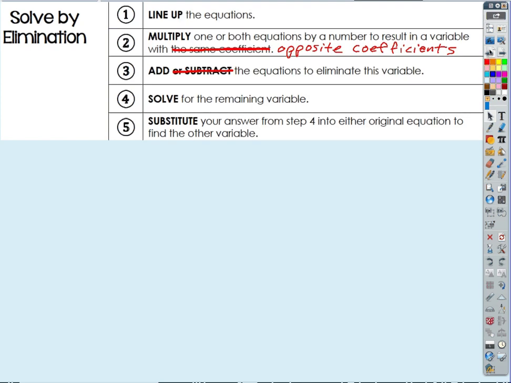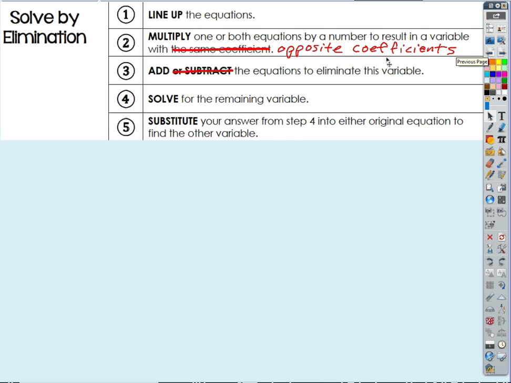So real quick, steps for elimination. First one usually is not a big deal, but we gotta make sure that all the equations line up. What we mean by that is if I line up the equations vertically, the x terms line up vertically, the y terms line up vertically, and the numbers line up vertically, right? Then our goal is to get opposite coefficients, so when we add the two equations up, we'll eliminate one of the variables.